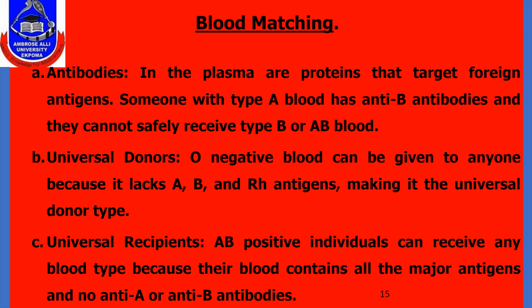Still on blood matching. In the plasma are proteins that target foreign antigens. Someone with type A blood has anti-B antibodies and they cannot safely receive type B or AB blood.